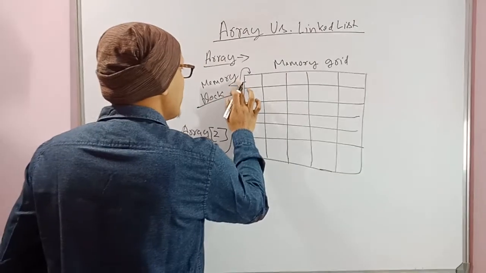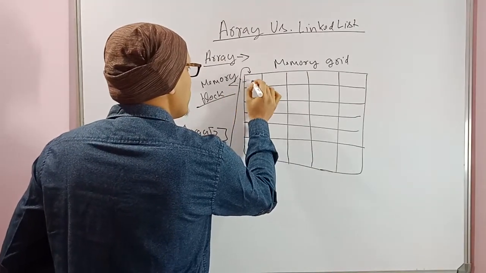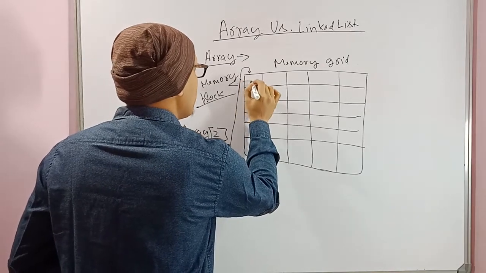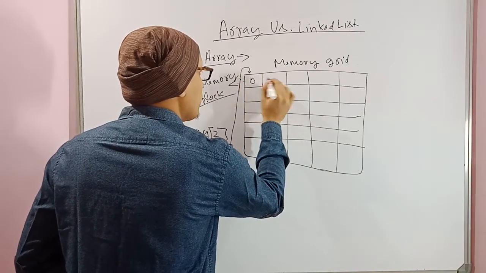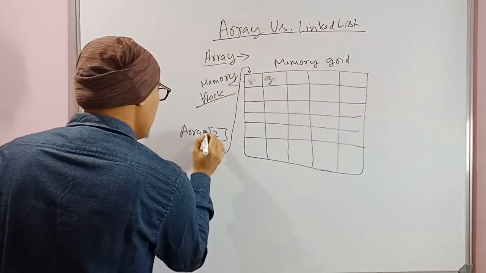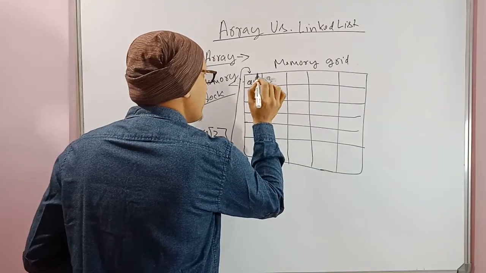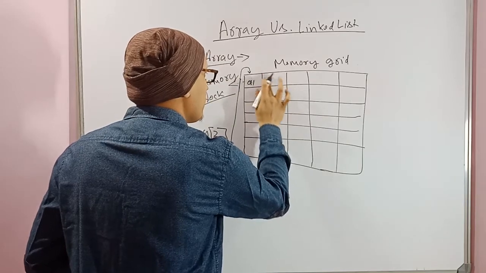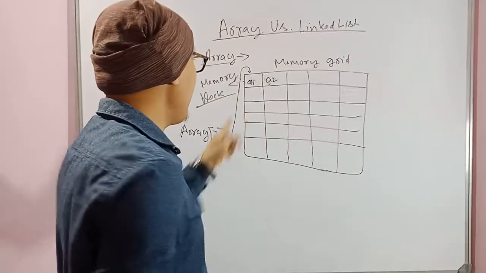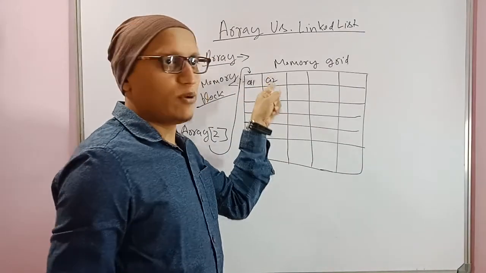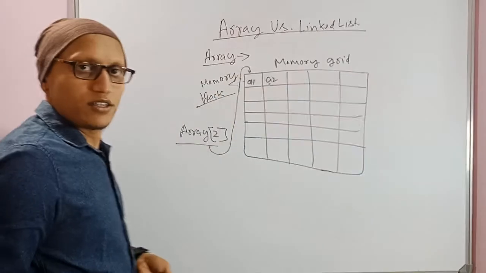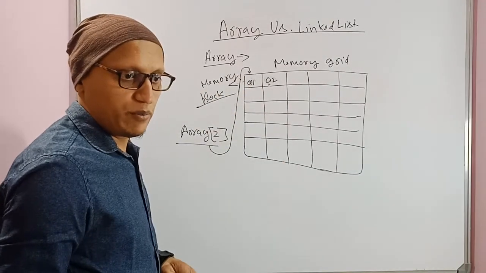For example, here A1, A2: A1 is one memory location, A2 is the next. This is a contiguous memory location, it was found, so the memory is successfully allocated.